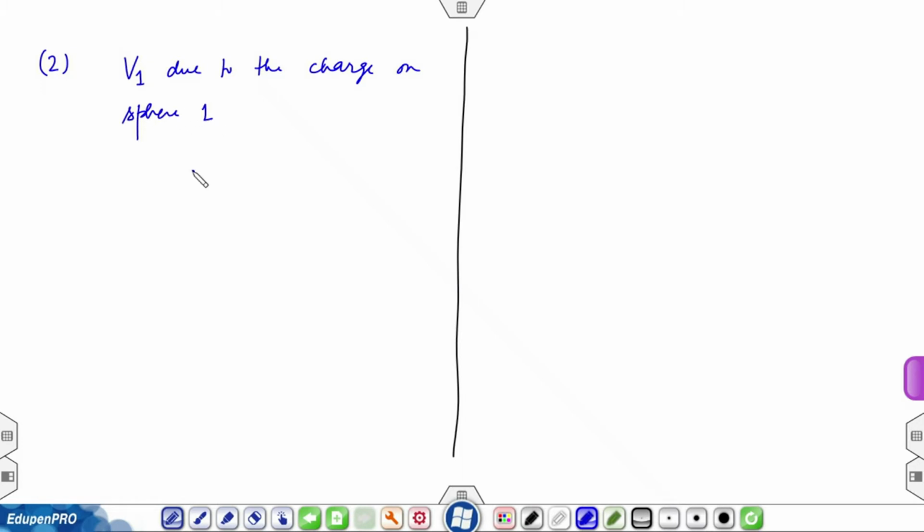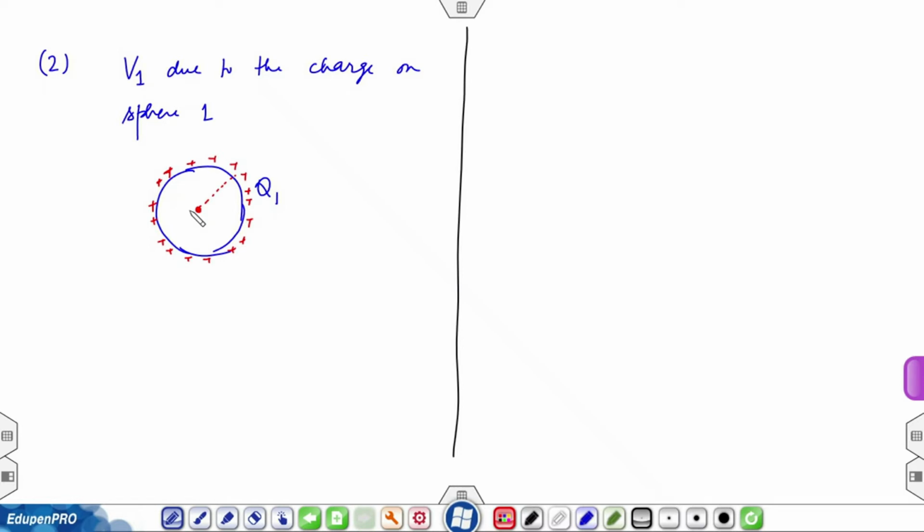So, here is sphere 1, and suppose the charge is Q1. It is going to be all on the surface. So, all this charge will be on the surface. Let us say it is plus, because all the charge resides on the surface, and that is very convenient, because then I can calculate the potential at the center.